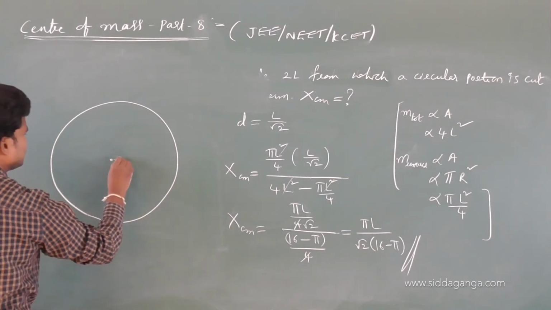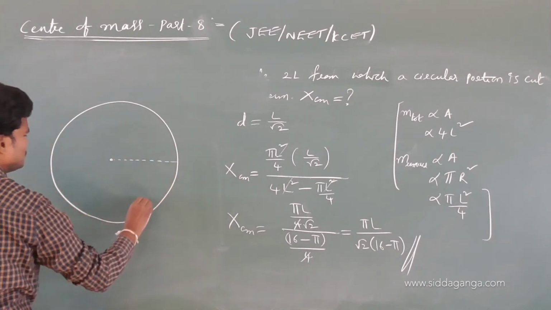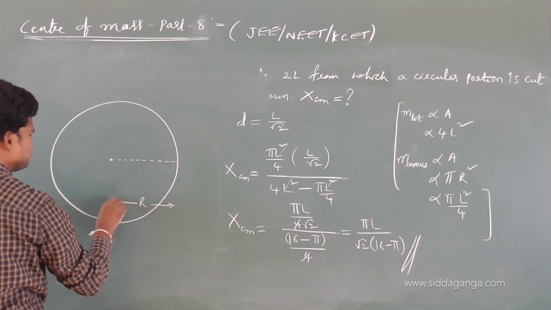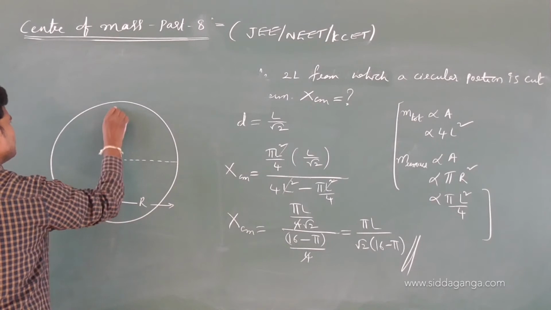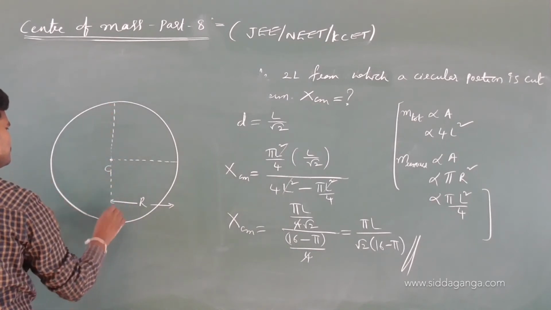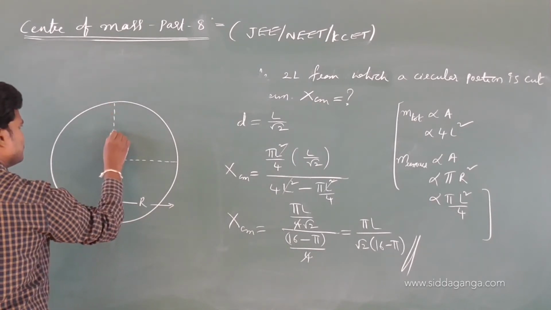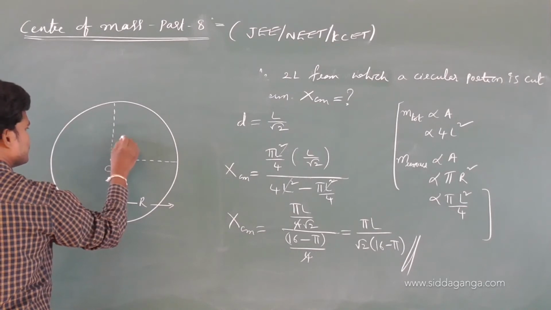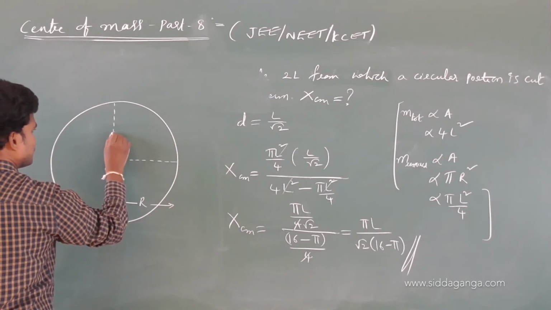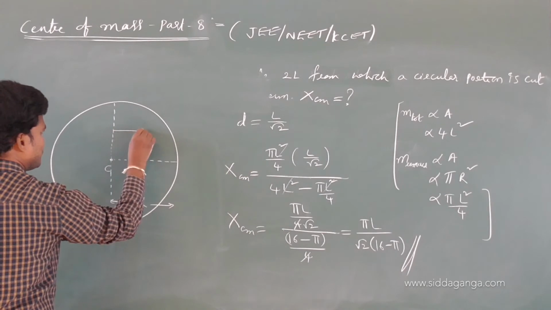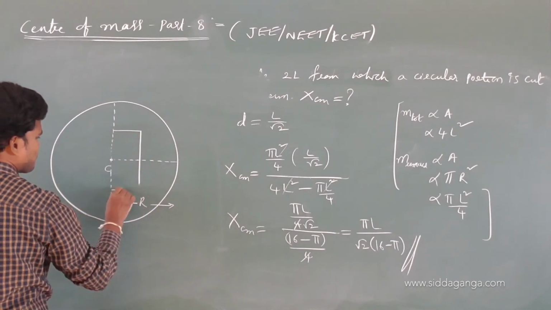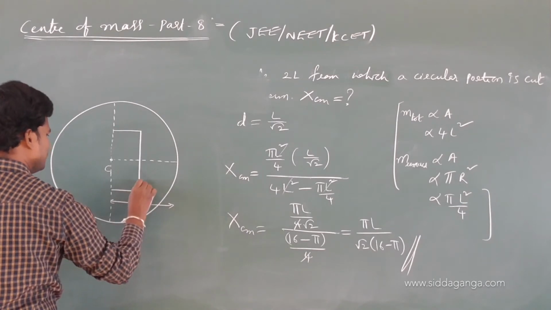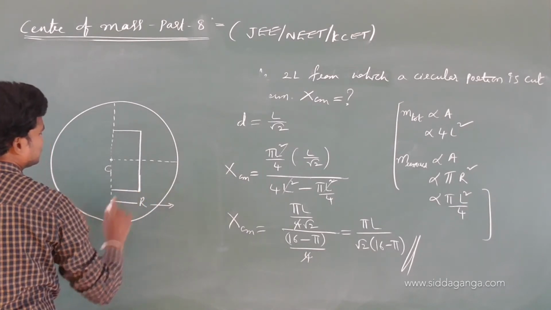This is the circular disc whose radius is given r, center of mass is C1. You try this.